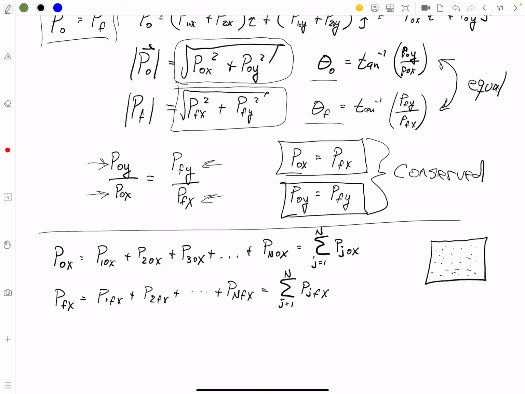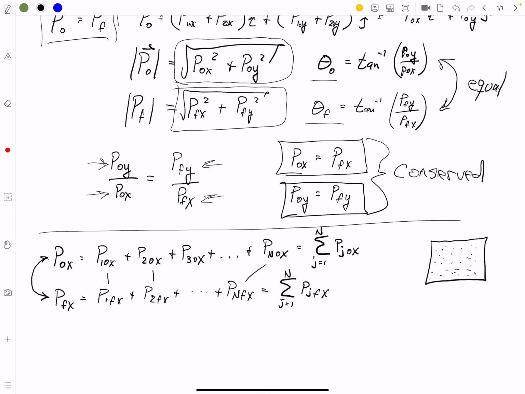Okay, and like we said, these two things are equal. However, this and this not equal. This and this not equal, right? They're constituents not equal. All right, it's the sum that's equal.